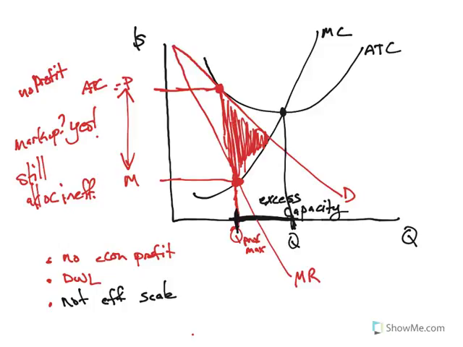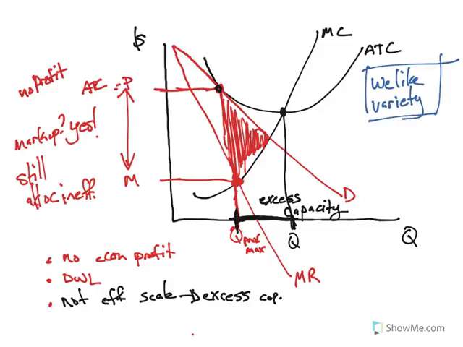That's basically like a lot of factories lying idle that could be put to work and it would lower costs, but they're not doing that because they don't have any incentive to do so. So they have excess capacity. So it's kind of the worst of all worlds. So why is this the most common? Because we like variety. We would be sad if we lived in a world with just one kind of hamburger.